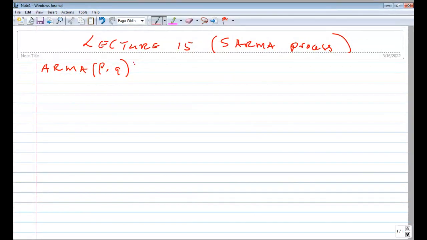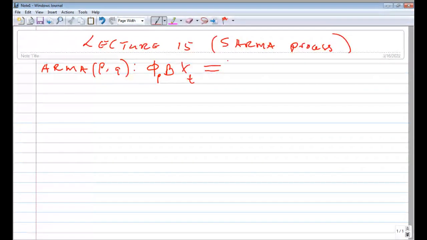So how do you write this? ARMA(p, q) is written as phi, because the autoregressive process we represented by phi, p for the general, then B, x_t, on the left hand side.